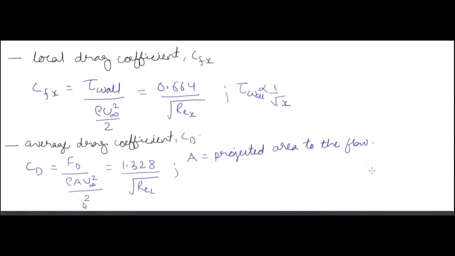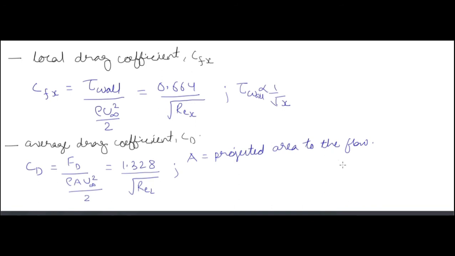So in terms of drag force, the average coefficient of drag CD is equal to FD by rho A u infinity squared by 2, which is equal to 1.328 by the square root of REL, meaning double of this value.